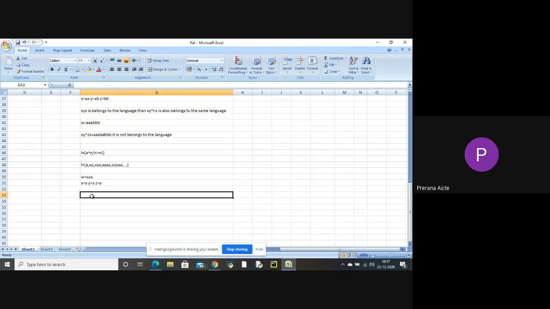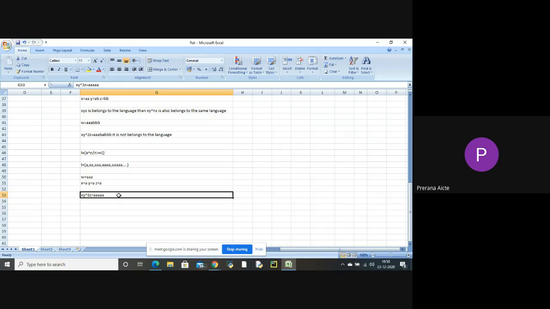So X y square, y cube, x y power 3 Z is equal to, here A y power 3 means AAA and A. So it is 5 A's. So here 5 A's belongs to the given language L.